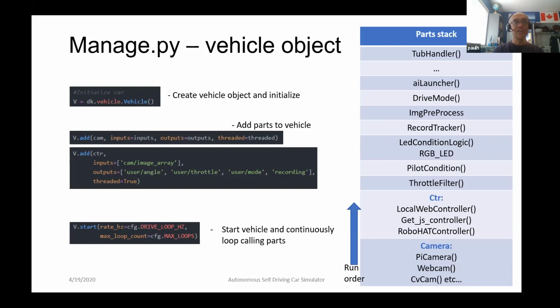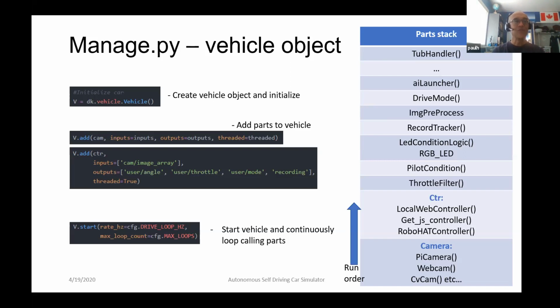So depending on myconfig.py and what you have in there, it will call one of these methods to add the parts in. And then once it's added all the parts in, it calls the start command, which is basically the loop that I mentioned, and it will continuously loop calling these parts. This is the stack that I mentioned.